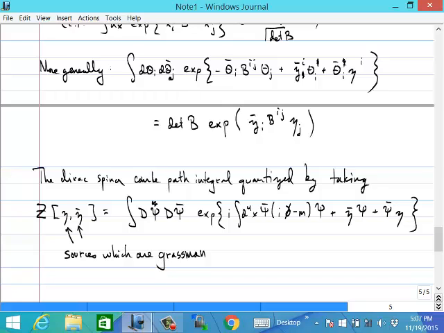And moreover, because psi and psi bar are spinors, eta and eta bar will have to be spinors as well. So secretly, there are 4 of each, and this eta bar psi, for example, involves a sum over the 4 spinor indices. But as usual, we're going to try our hardest to suppress those spinor indices when we can get away with that.